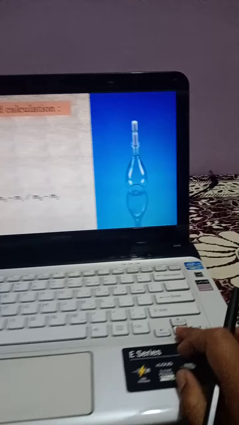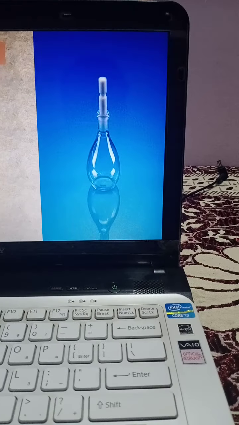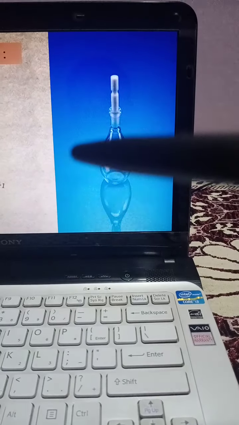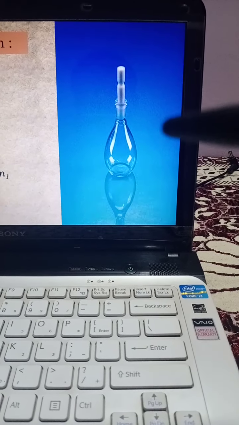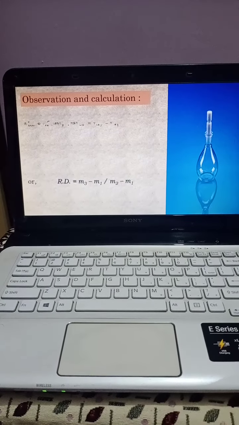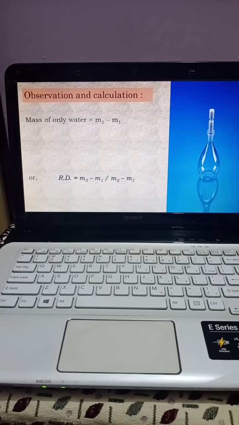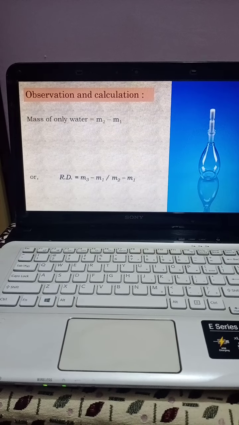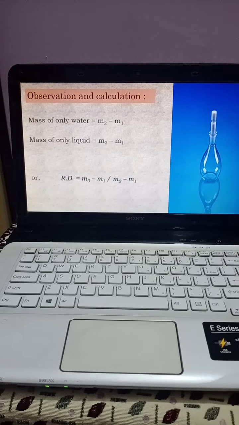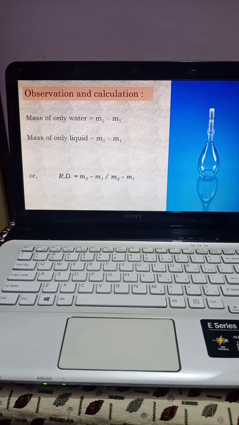So now you can observe this diagram very clearly. This is a specific gravity bottle. Calculation part now. With the help of those steps we can find out the mass of only water, which is M2 minus M1, and the mass of only liquid, which is M3 minus M1.